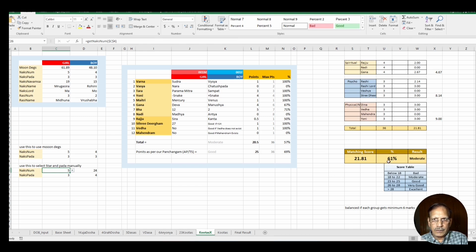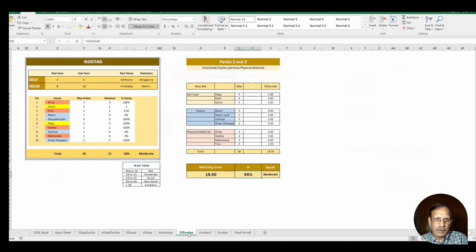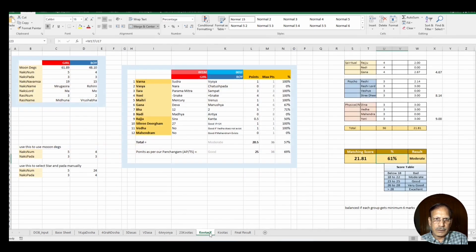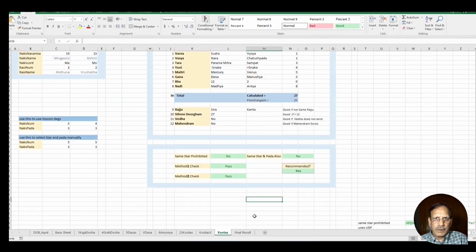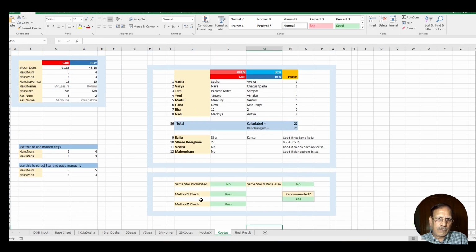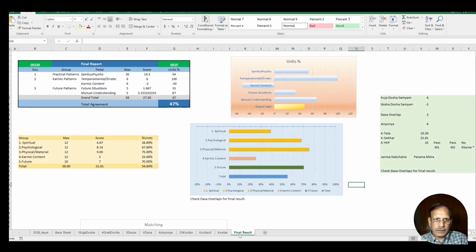So here it is 61%, here it is 54%. Then Kootas, this is my own system where, using two methods, I say whether it is a pass or not. This is as per Panchangam points, this is calculated points, and this is the final result.